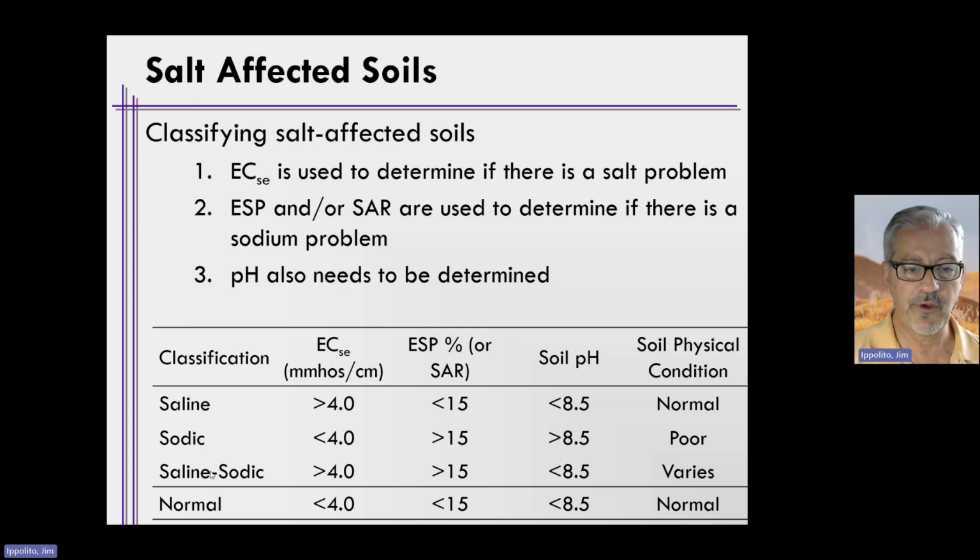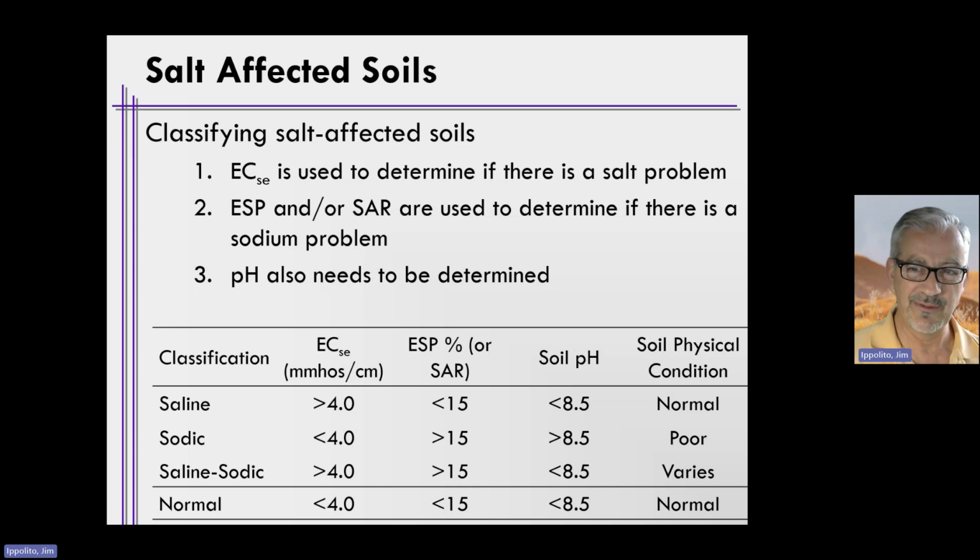When you have a saline sodic soil, you have the double whammy. You have lots of salts, as expressed as an electrical conductivity greater than 4, and you also have a lot of sodium. The pH of these types of soils is typically less than 8.5, and the condition varies. It really varies, and it depends on the amount of sodium as compared to the amount of total salts. Sometimes the condition is poor, but sometimes it just looks normal.